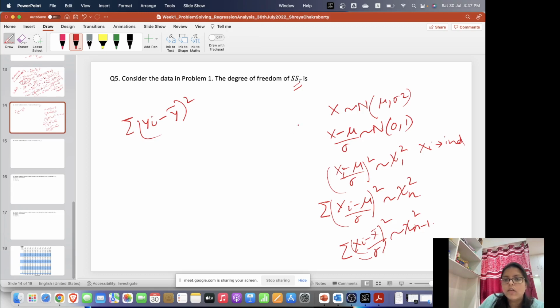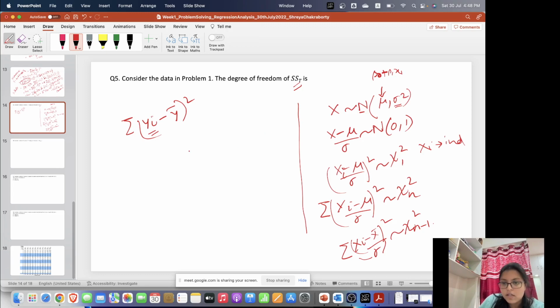So if we draw parallel over here, what was x? Our y variable is similar. It also follows normal with some mu, in our case that is beta naught plus beta 1 xi, and this is sigma square, what it used to follow.